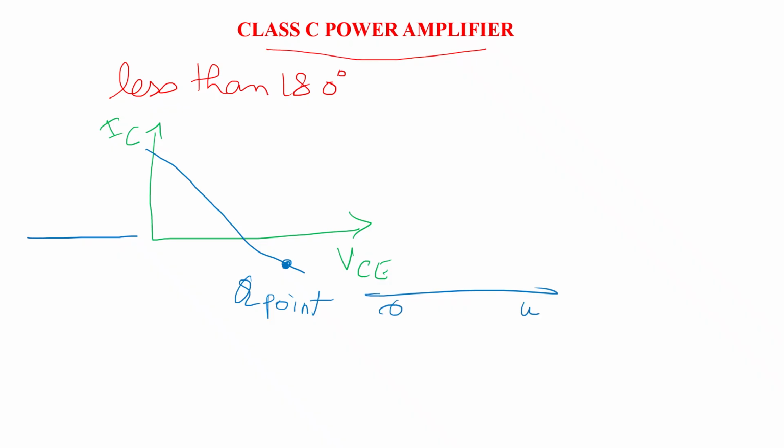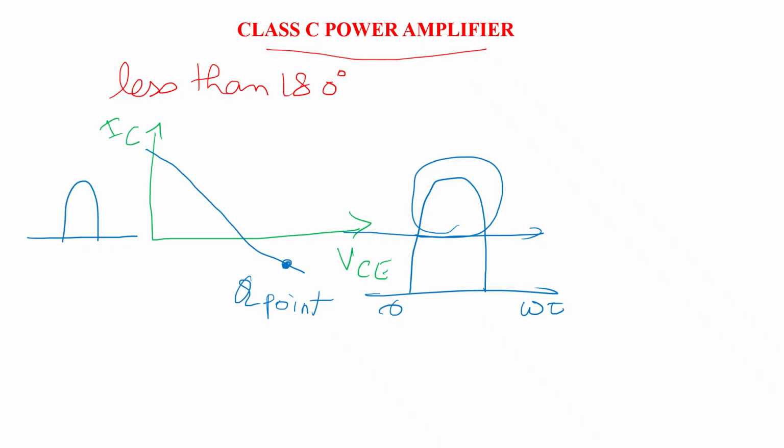For a period of 0 to omega t, when a particular input signal is fed in like this, the output signal is obtained for a very small duration of less than 180 degree. Yes, so this is IC, and this is the reason why the output flows, because the Q point goes lower, and for even lower Q points the output signal goes even less than 180 degree.